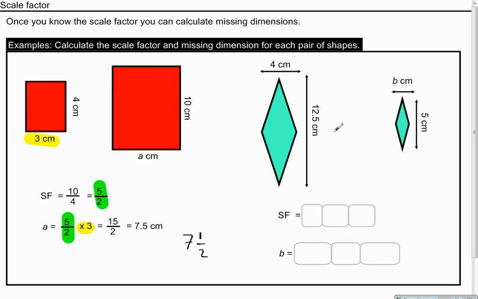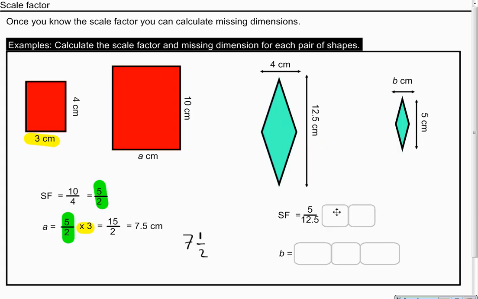Second set of shapes. Again, I've got a reduction. The second shape is a reduction of the first shape. I've got a pair of sides that match up. I can compare the heights, so I can put together a fraction 5 over 12.5. A bit trickier to simplify.